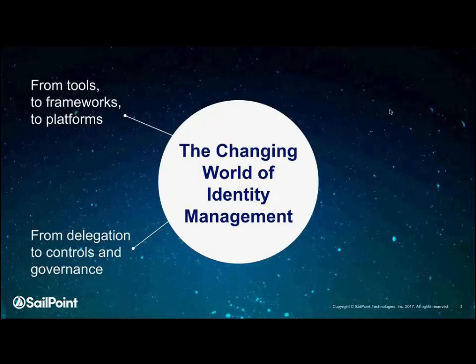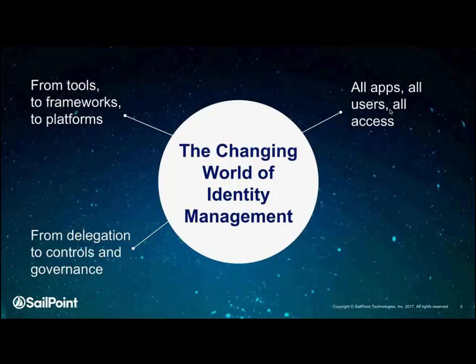The conversation around identity and access management has also moved from simple administrative delegation, allowing other people to carry out actions for you, to true controls and an end-to-end approach to governance. And that is governance that absolutely today has to cover all apps, all users, and all access.